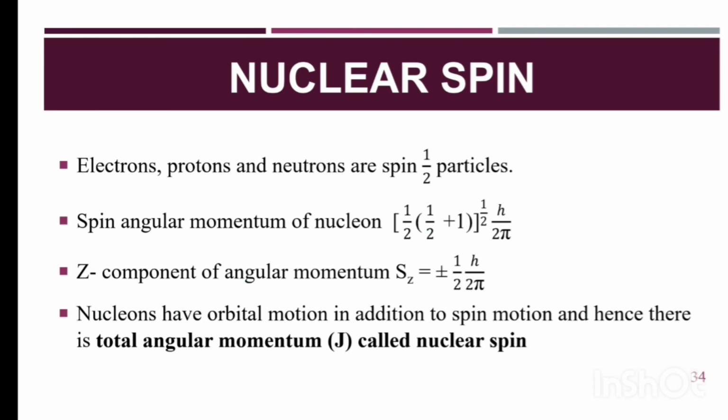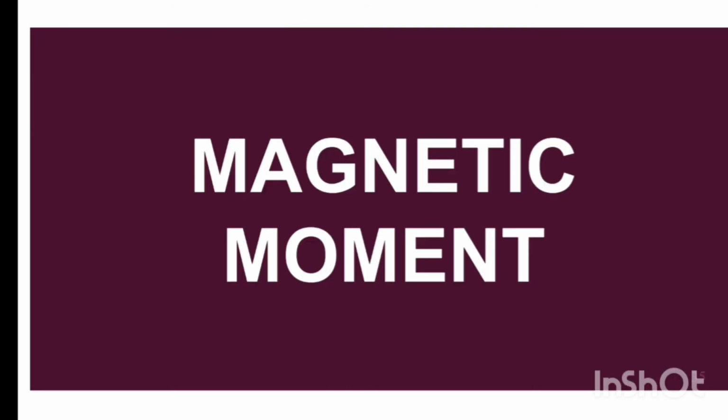The component of angular momentum is represented by Sz is equal to plus or minus 1/2 h by 2π. We know that nucleons have orbital motion in addition to spin motion, and hence there is a total angular momentum which is represented by J, called nuclear spin.